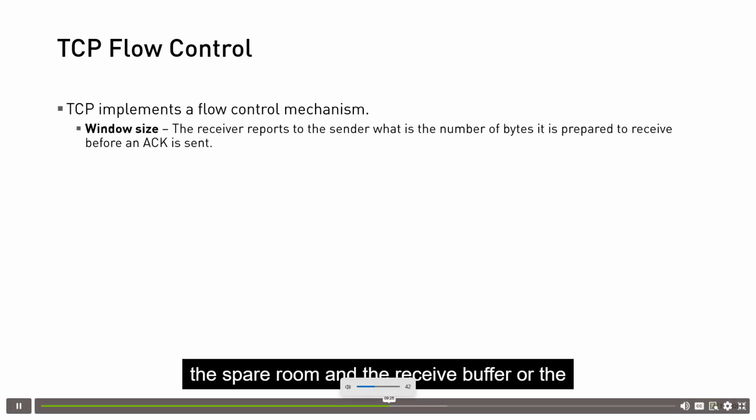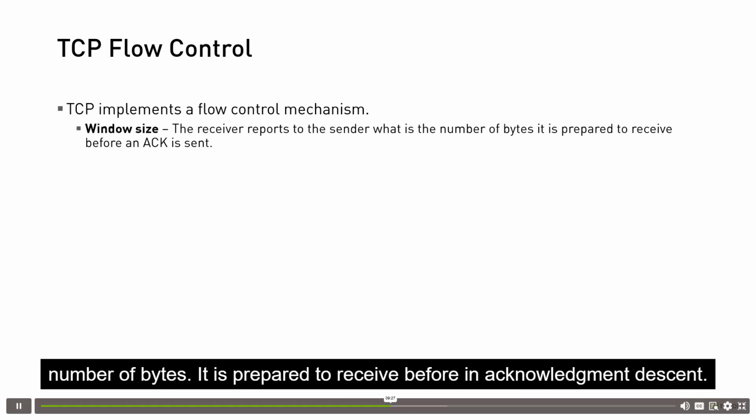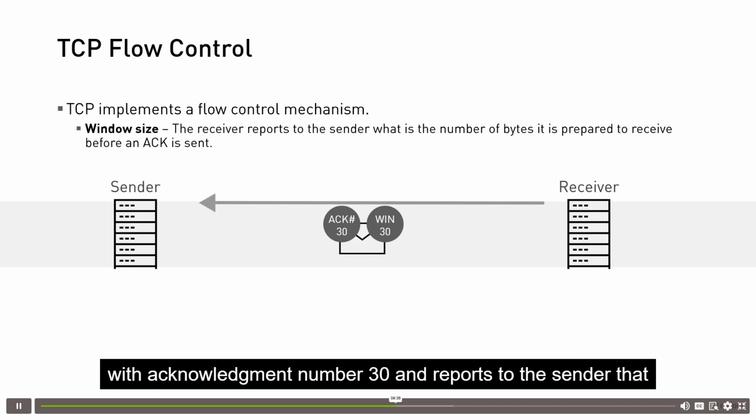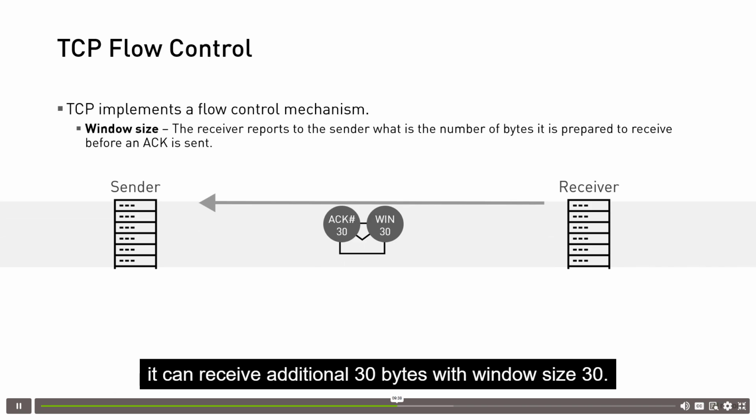That is, the spare room in the receive buffer, or the number of bytes it is prepared to receive before an acknowledgement is sent. In this example, the receiver acknowledges the first 30 bytes with acknowledgement number 30, and reports to the sender that it can receive an additional 30 bytes with window size 30.